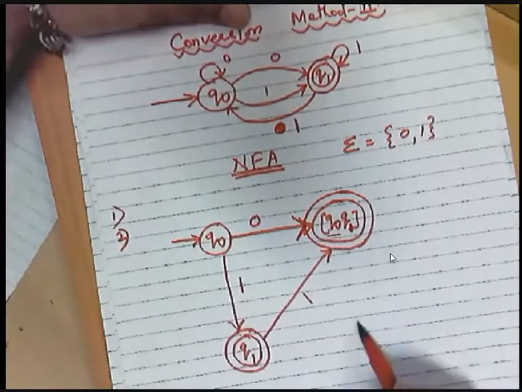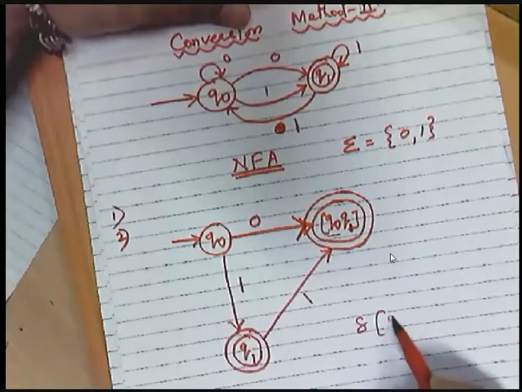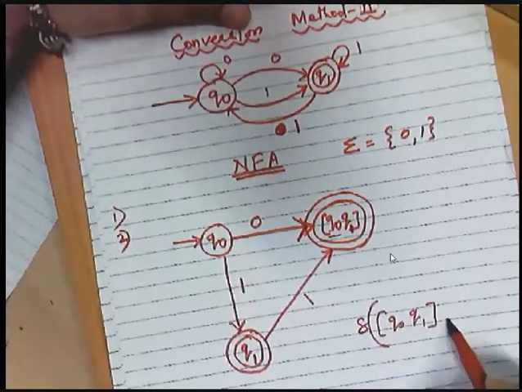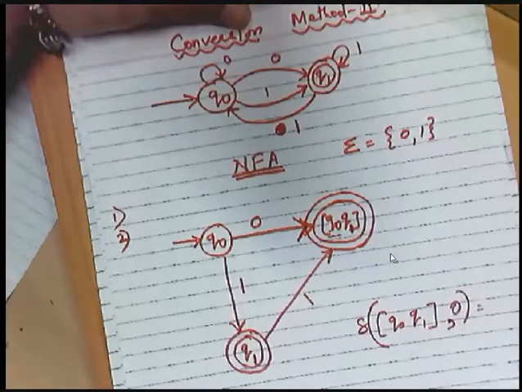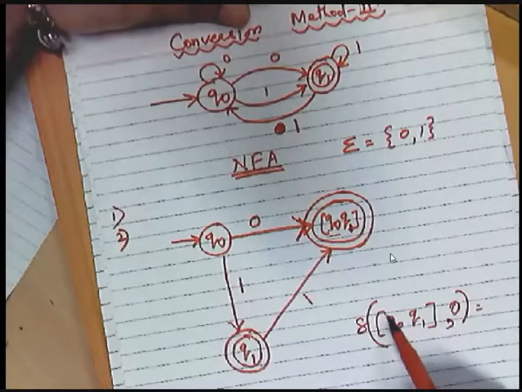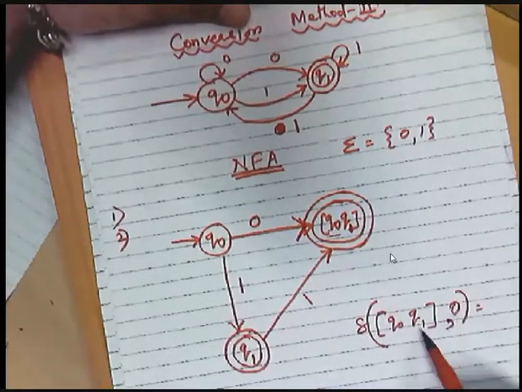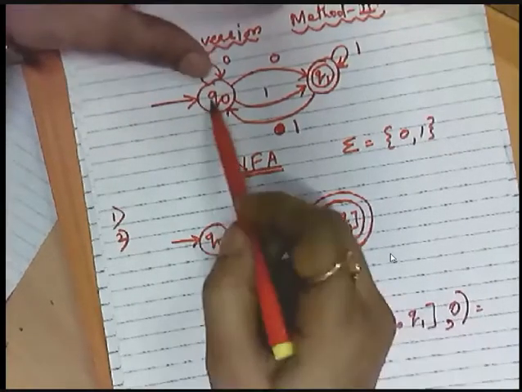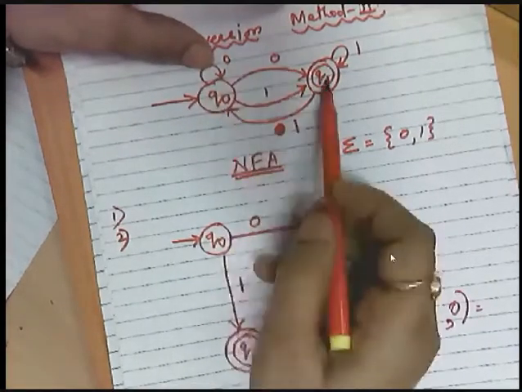So we now have the state delta Q0, Q1, comma 0. Then what will happen? It is nothing but whatever is the combination, the same thing: Q0 on 0 and Q1 on 0, wherever it is moving. So Q0 on 0 moves to Q0, Q1.